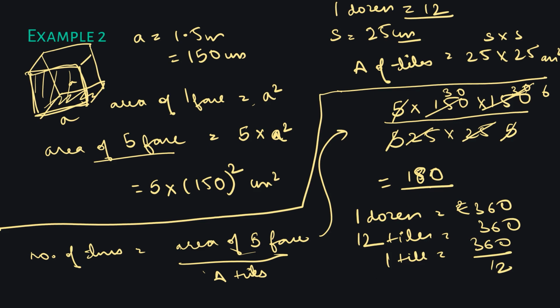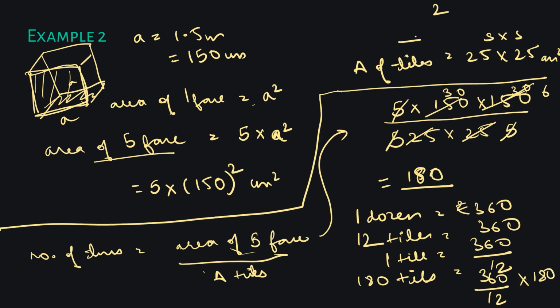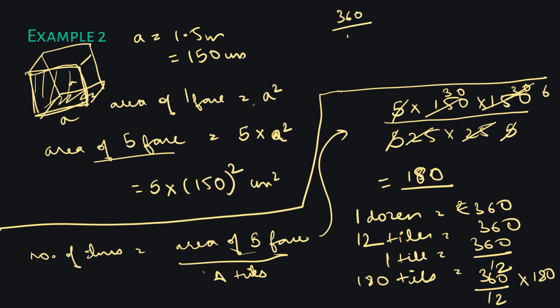So we have 180 tiles, and 180 tiles would cost 360 divided by 12 into 180. I'll do the calculation further here.